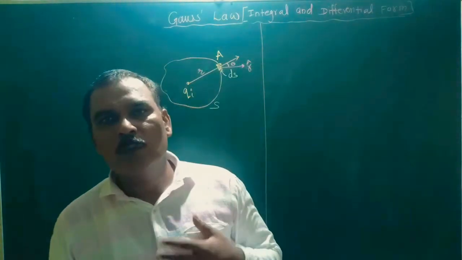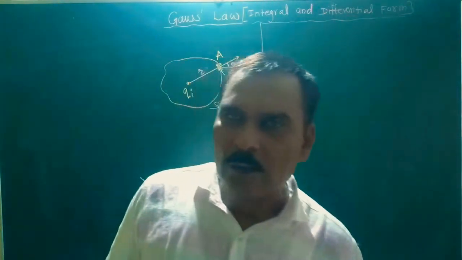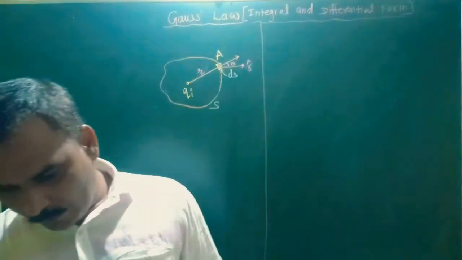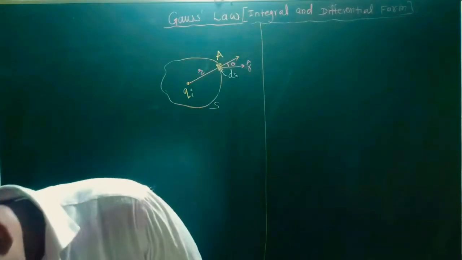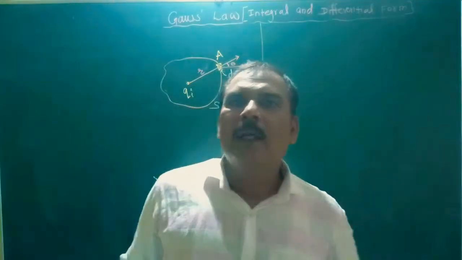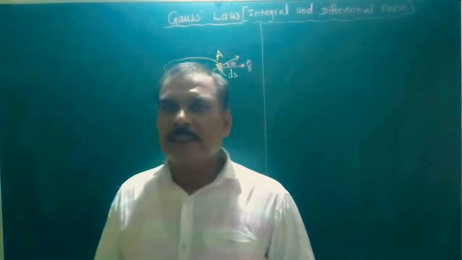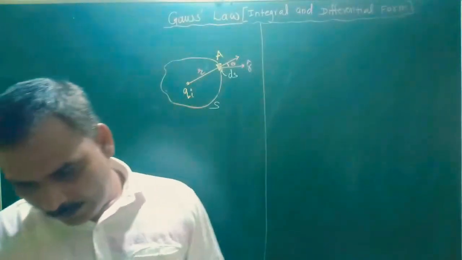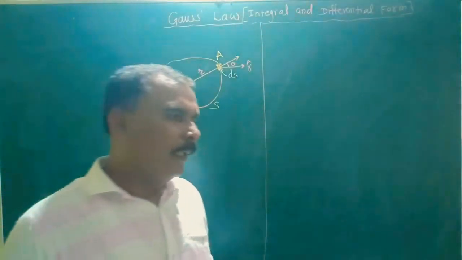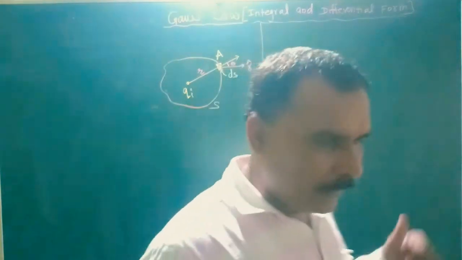First of all, we consider Gauss law. It is an important law in physics, and it is the converse of Coulomb's law. Coulomb's law we studied in the last lecture.